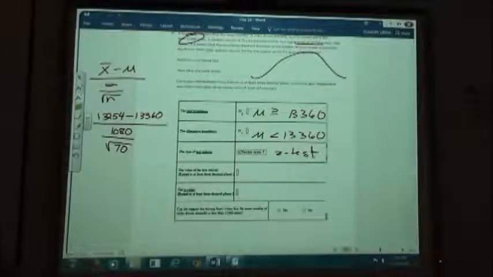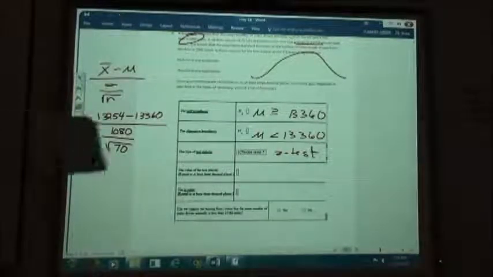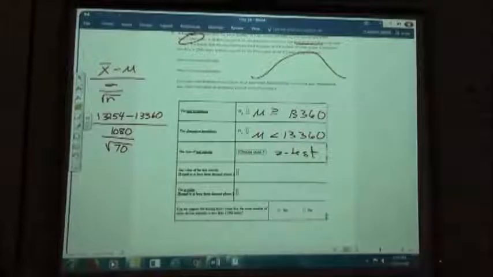How do I do it on this calculator? On a regular calculator, you would have to put the top in parentheses, or figure that number out right away. 13,254 minus the 13,360.